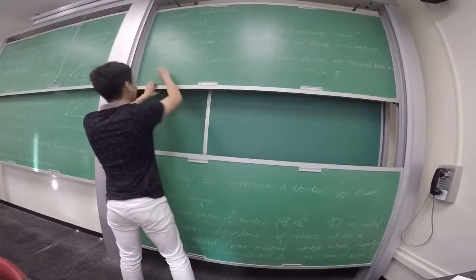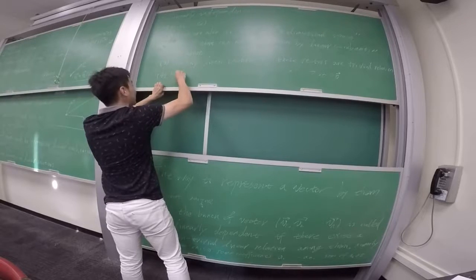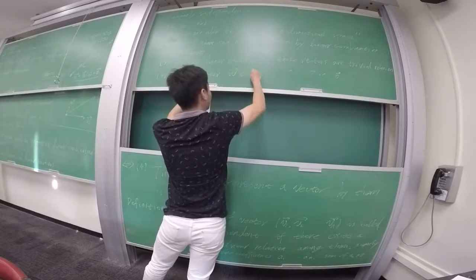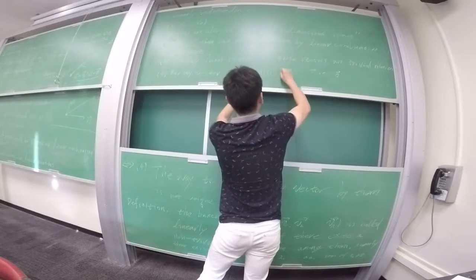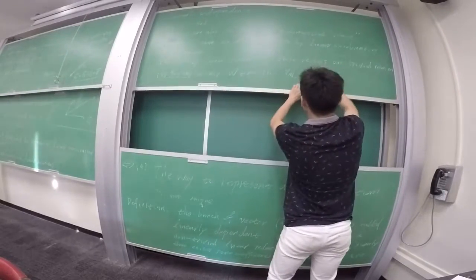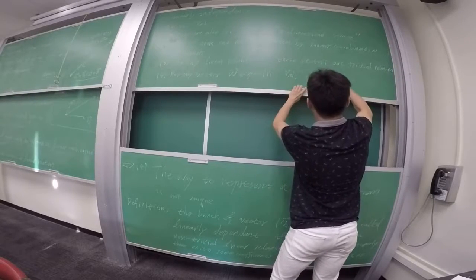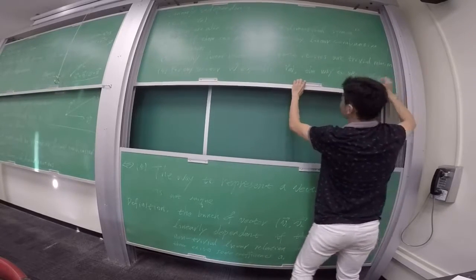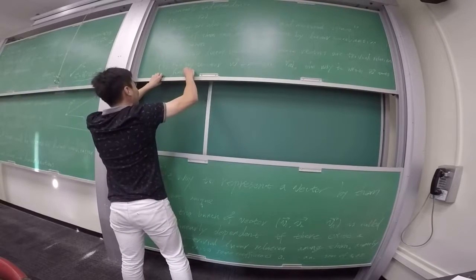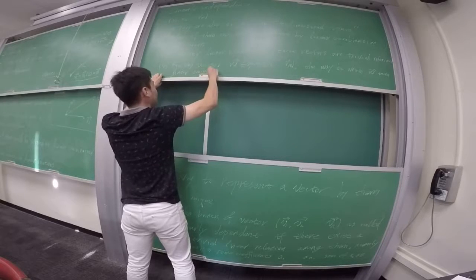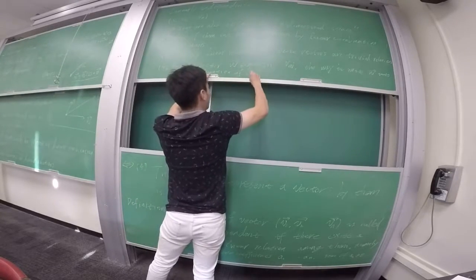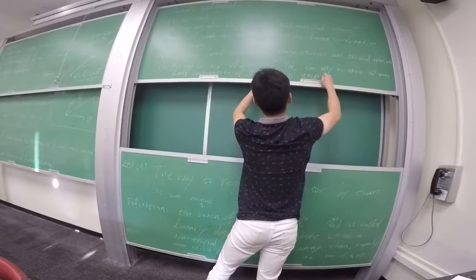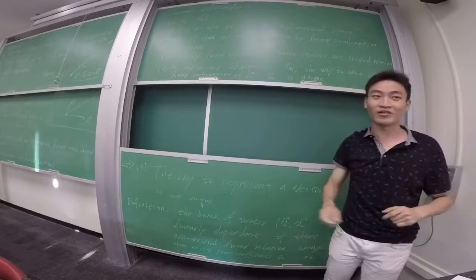So, okay, for any vector W in the span of that, which means if W can be written as a linear combination of V1 to Vm, then the way to write W as a linear combination of V1 to Vn is unique. Okay, this is the so-called linear independence.